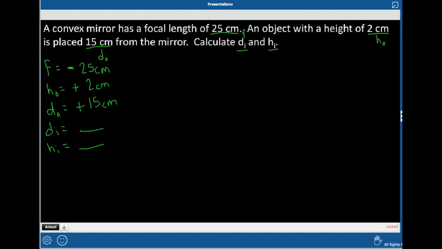Now that I've got these done, I can go ahead and solve for my DI. And then once I have my DI, I can find my HI.